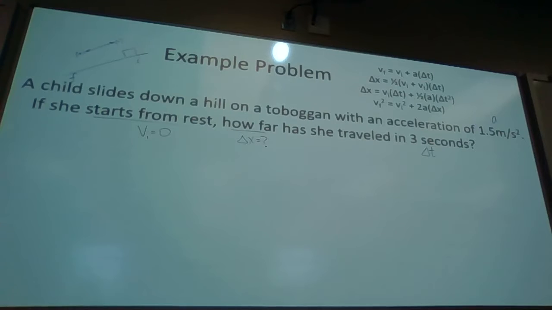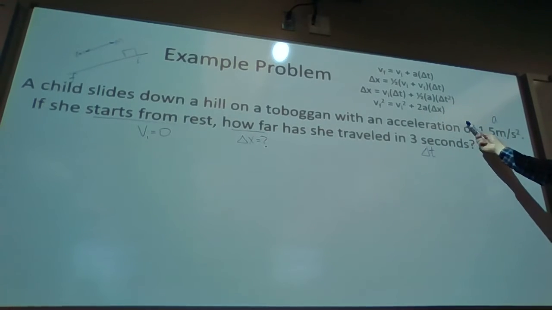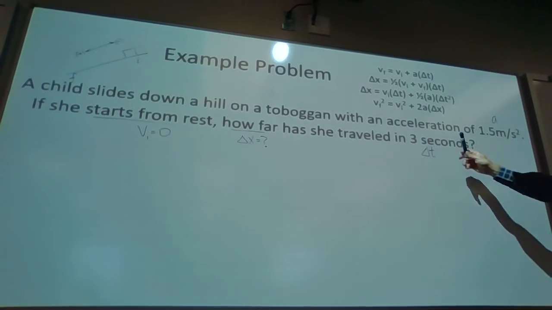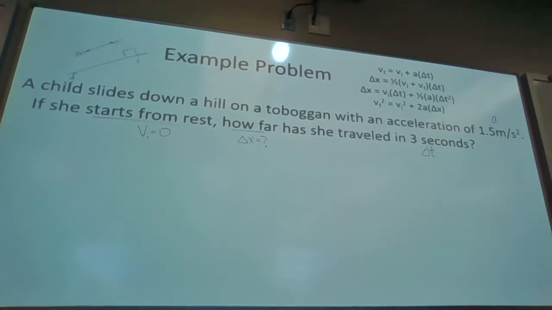I need a shopping list. Don't go shopping for an equation prematurely. Have your shopping list. So I'm looking for an equation that has all 4 of these variables. I want you to see if you can pick the right equation.